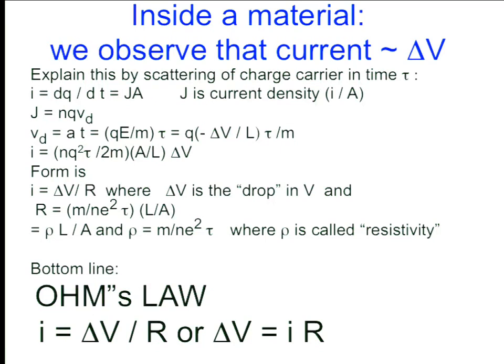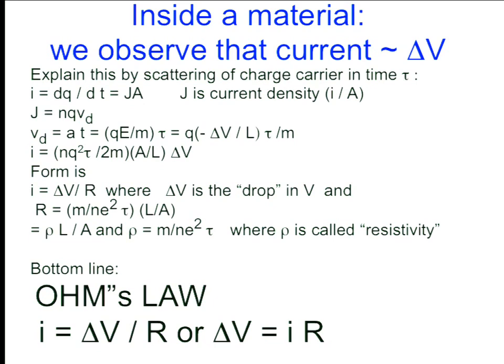And the resistance has two parts to it. Let's say L. It has a geometrical part, namely the resistance will go bigger with the length. Surely if you have more of this stuff and you have to get through it, it'll be harder. And it'll go inversely as the area. The bigger the area, the easier it is to get through.